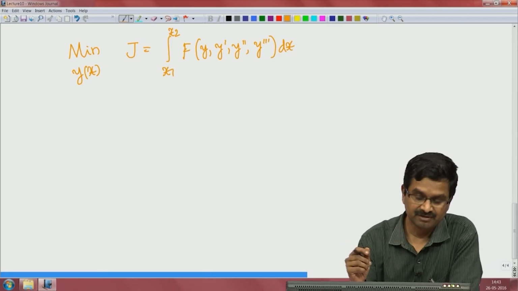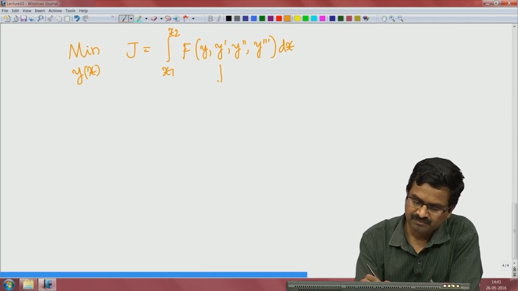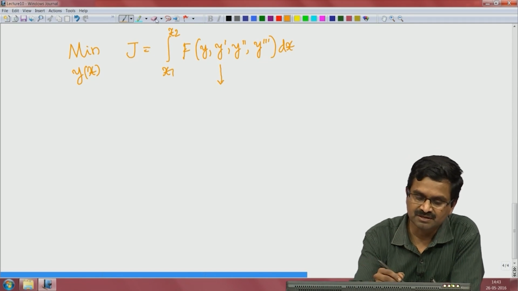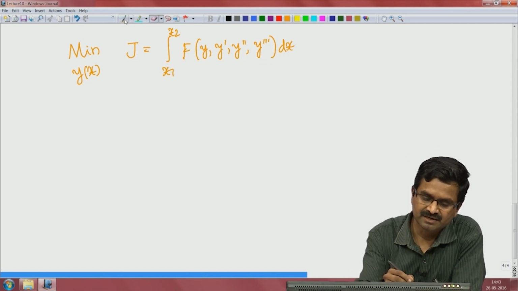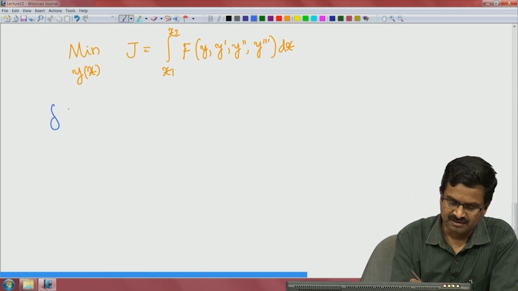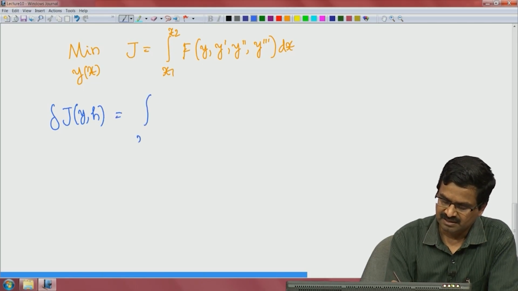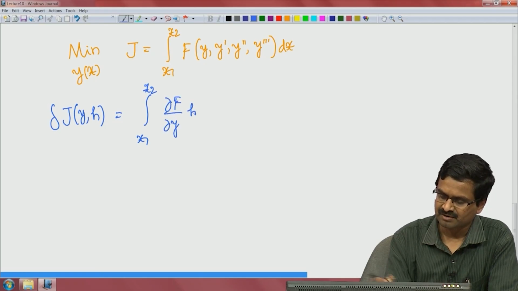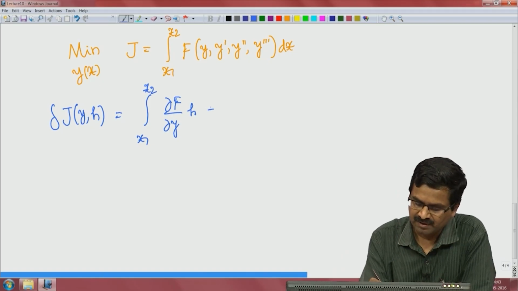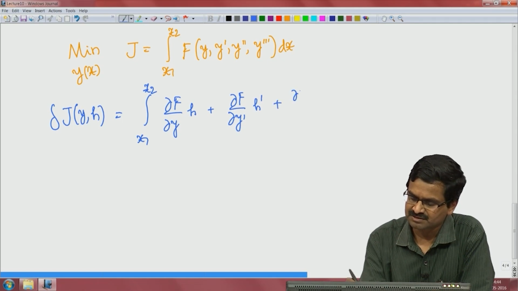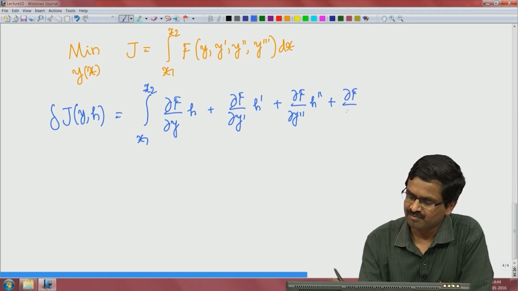Again, if you recall how we did Euler-Lagrange equations, first let us do this necessary condition, that is the Gateaux variation of y in direction h, okay, that is an integral still from x1 to x2 of dou f by dou y times h plus dou f by dou y prime h prime plus dou f by dou y double prime h double prime plus dou f by dou y triple prime h triple prime dx.